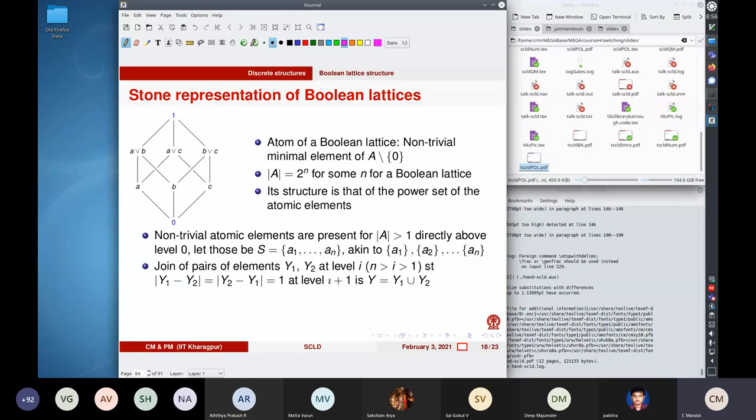So if you take the set difference, they differ by 1 element. So the result is that the resulting element is the elements which have.